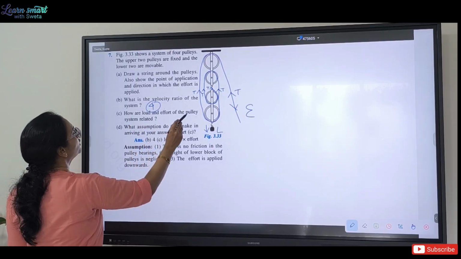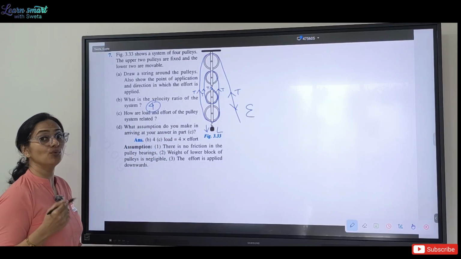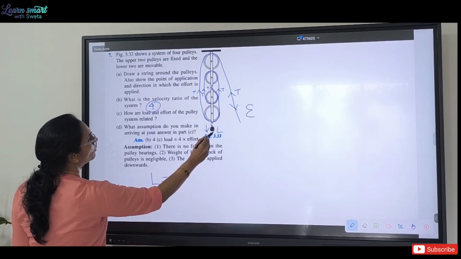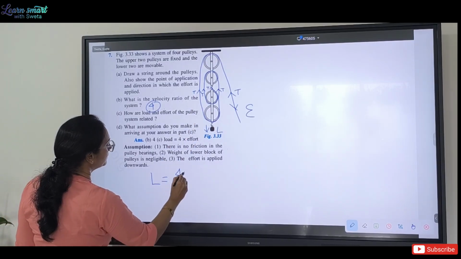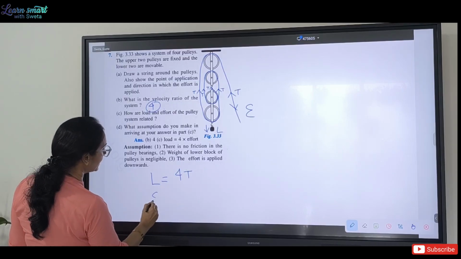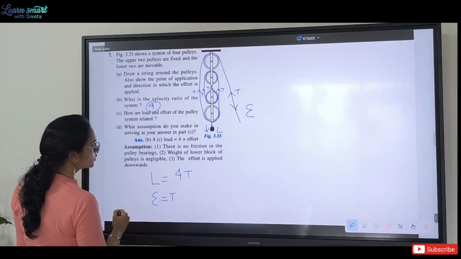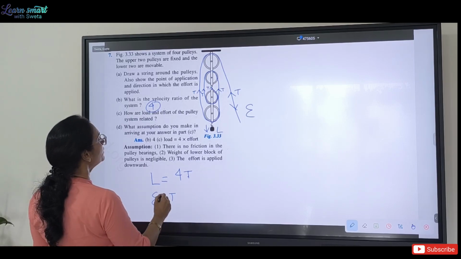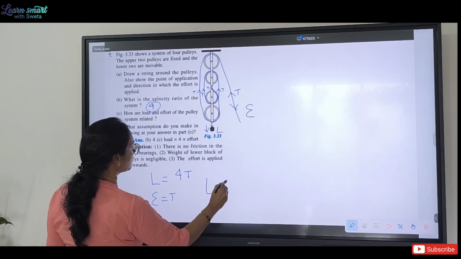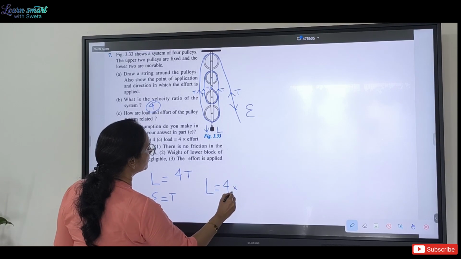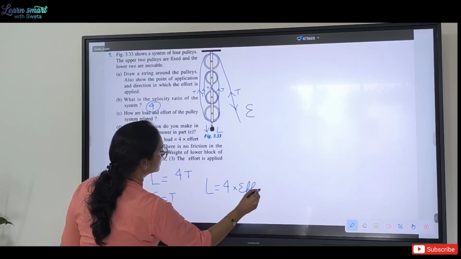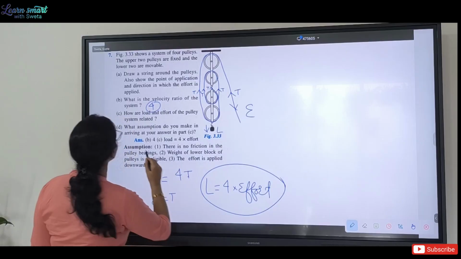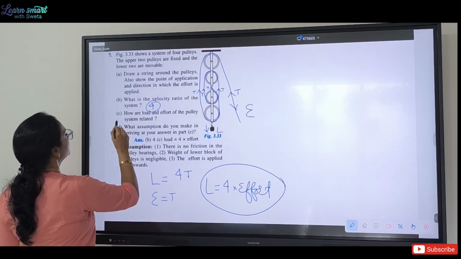How are load and effort of the pulley system related? We know that load is balanced by 4T and effort is equal to T. So load is equal to 4T and effort is equal to T, which means we can write that load is equal to 4 times the effort, because effort is equal to T. So this is the relationship between load and effort of the pulley.